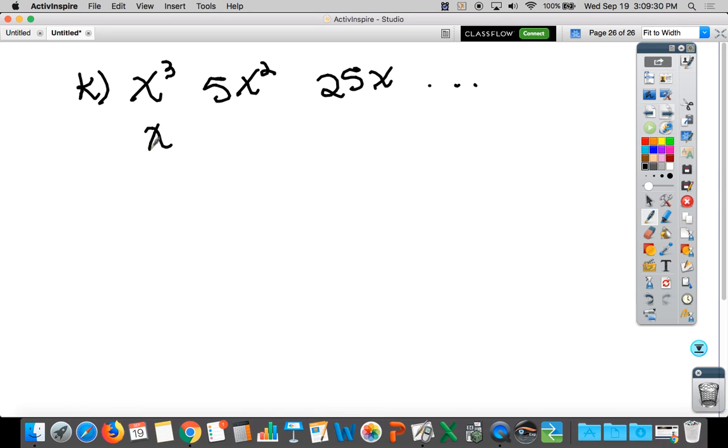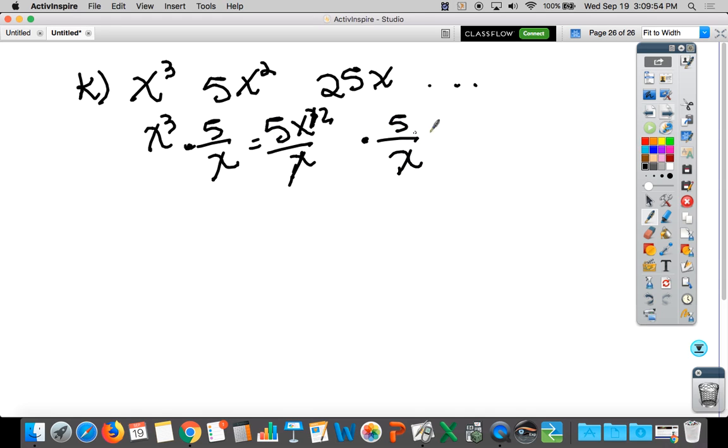So if I multiplied x to the third times 5 over x, then that would give me 5x cubed over x. One of those would cancel, giving me the second term. Let's try it again by 5 over x. So 5 times 5 is 25.